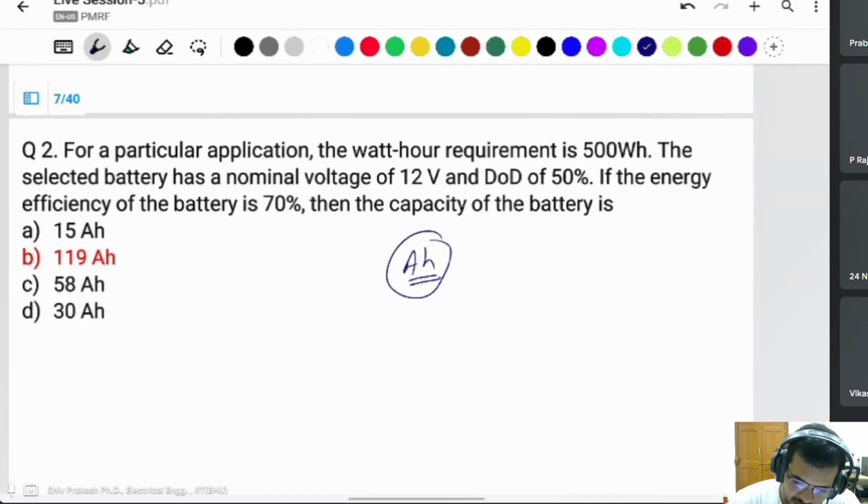Nominal voltage is fixed, 12 volt is given, DOD of 50%. Then what is the DOD? Depth of discharge is known as the DOD. Depth of discharge means how much of the battery's capacity it will discharge.